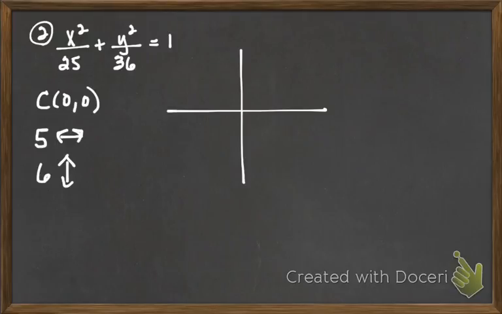I probably wouldn't even use graph paper for these. I would probably just have my work on my notebook paper and sketch my graph out beside it. But you can do whatever you want to do. Anytime the a and the b value are really close together, your ellipse may look more like a circle, okay? But it is going to be a little bit longer up and down than it is left and right.